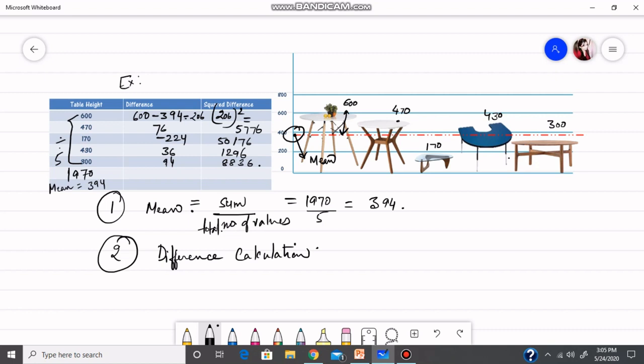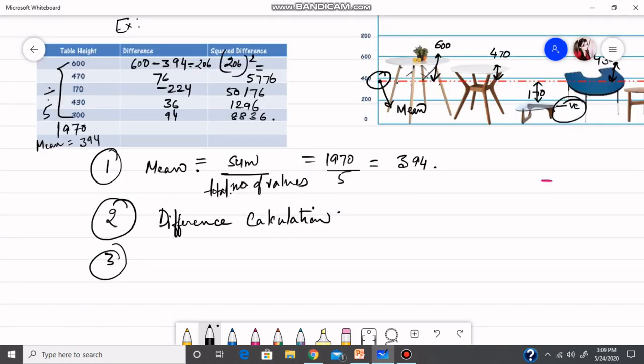Here 170 is towards the negative side, so I'll be taking the distance between this particular table and the mean. Then 430, and 300 is again in the negative. So these values have a negative difference. To remove the challenge of the negative value, we have squared the differences.